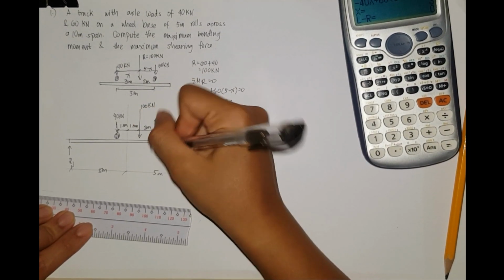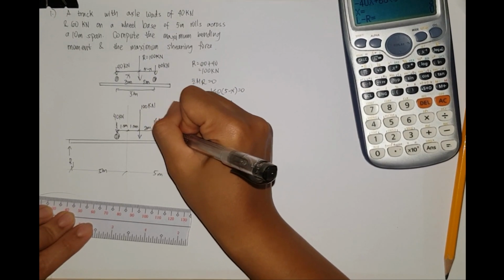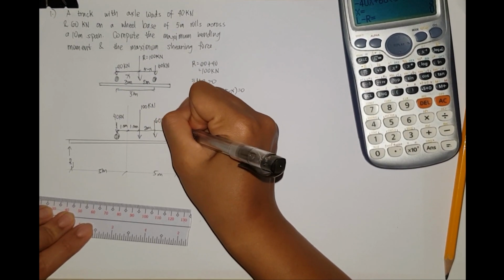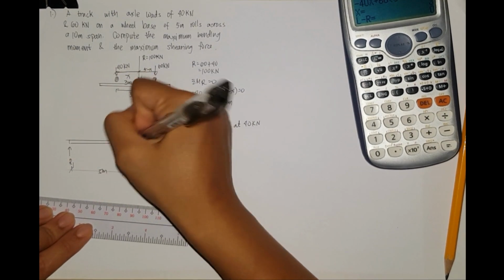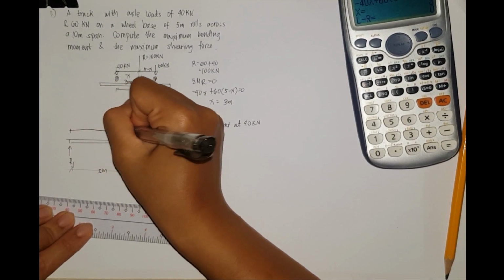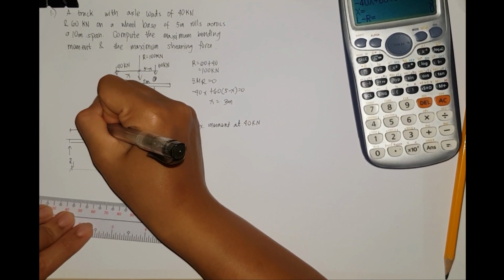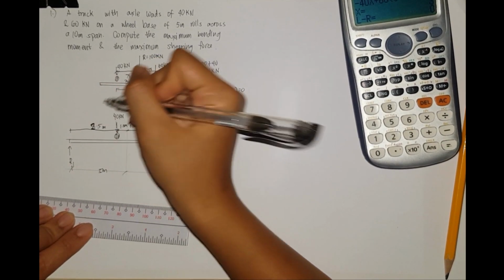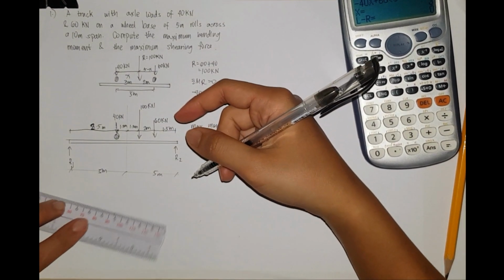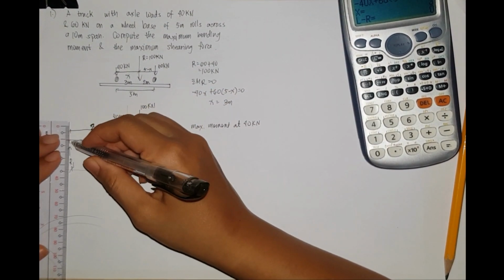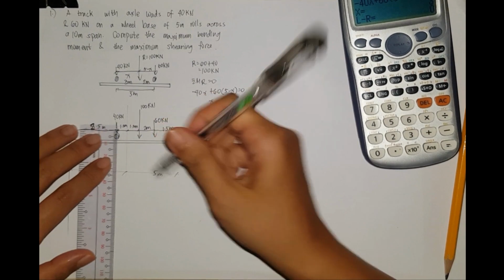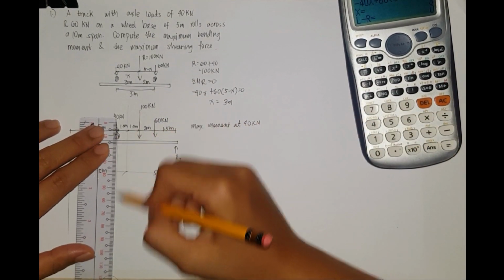So we have 5 minus 2, 3 minus 1.5. So we have 1.5 meters pa dito. And at this part, 5 minus 1.5. So we still have 3.5 or 2.5. So we still have 2.5 meters. So, ang gagawin natin dito is to draw the shear and moment diagram.